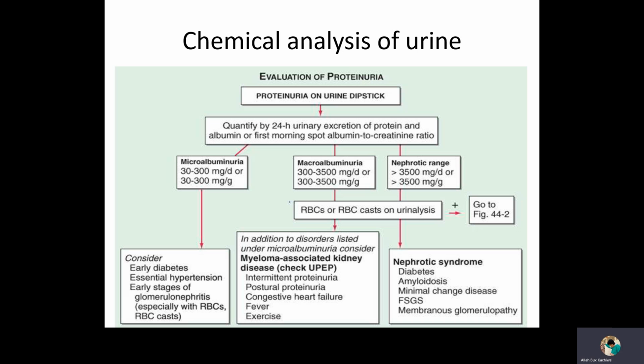So this is the chemical analysis, that is, the evaluation of proteinuria. Proteinuria on a urine dipstick is currently quantified by 24 hour urine collection. Urinary examination of protein and albumin: a first morning spot albumin to creatinine ratio.